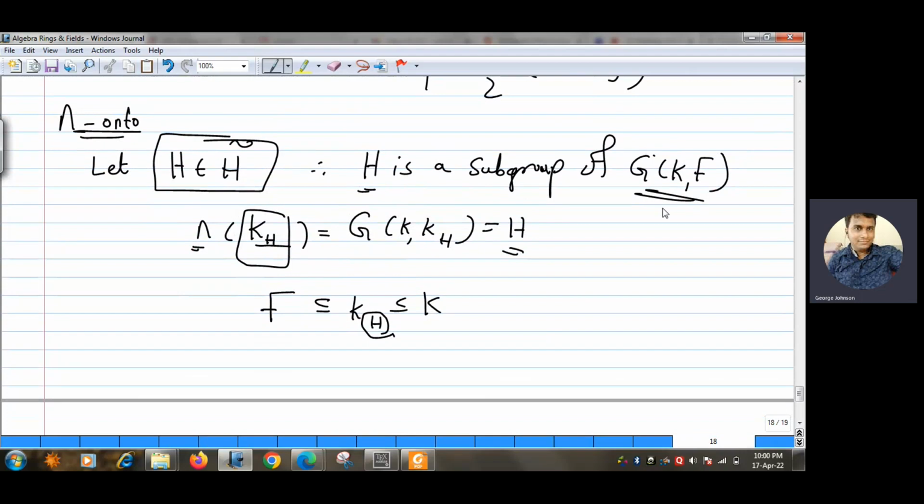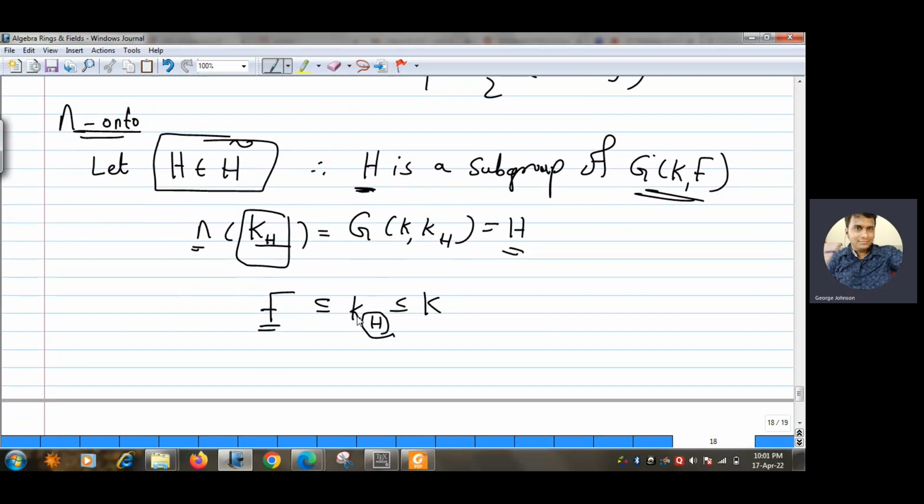Elements of GKF are automorphisms which fix every element of F. That means every element of H fixes F. So every element of F is fixed by elements of H. Therefore, F must be a subset of KH.